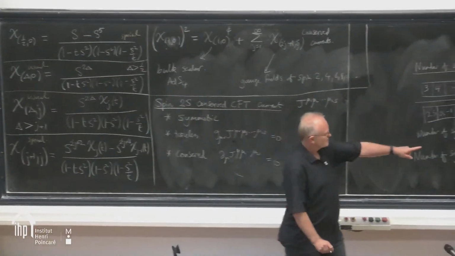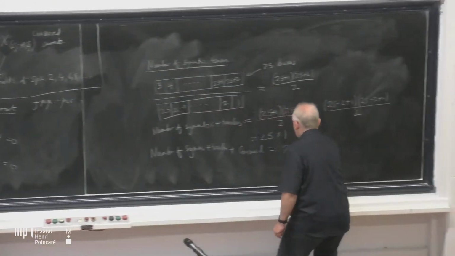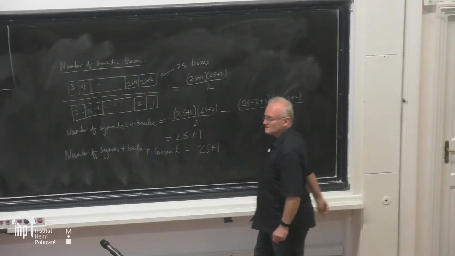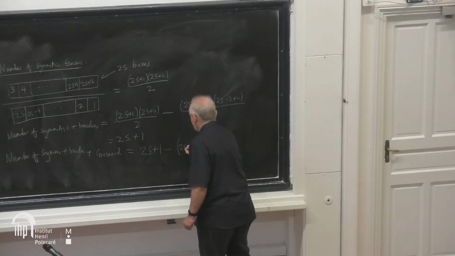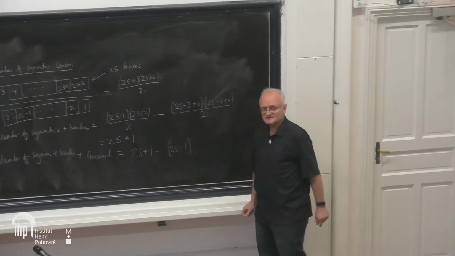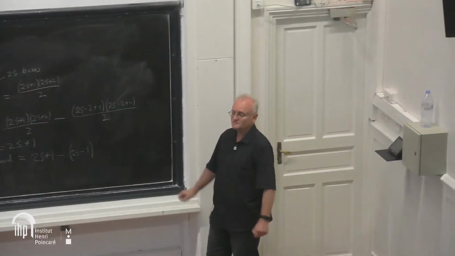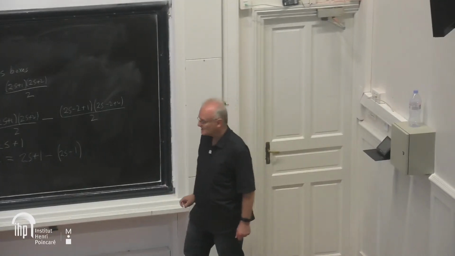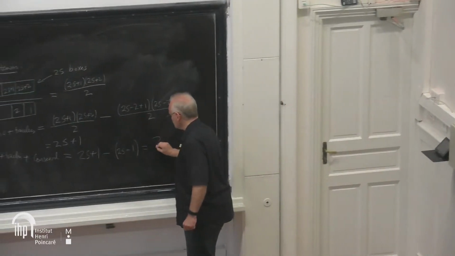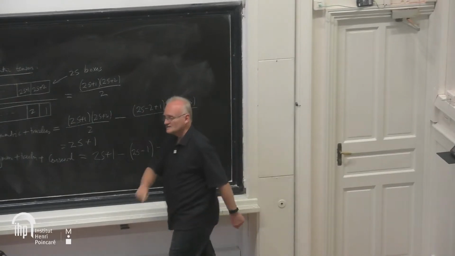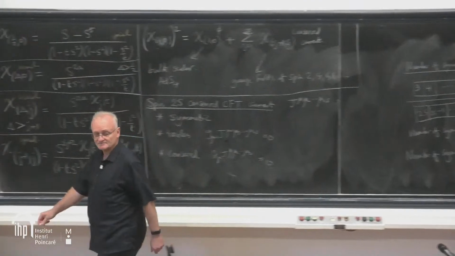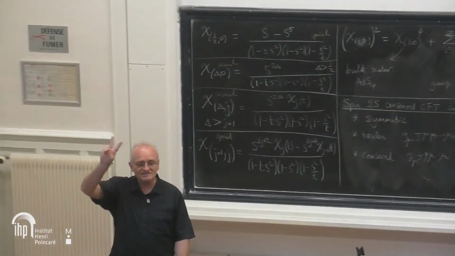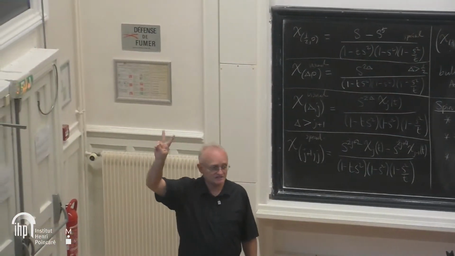So we'll have 2s plus 1, that's the number of symmetric traceless tensors, minus 2s minus 1, that's the number of independent conservation laws. And that gives us 2, independent of spin. So for each spin, there are 2 independent components of the current.